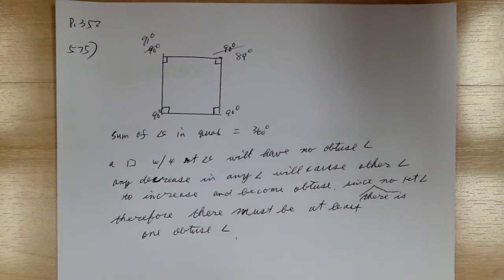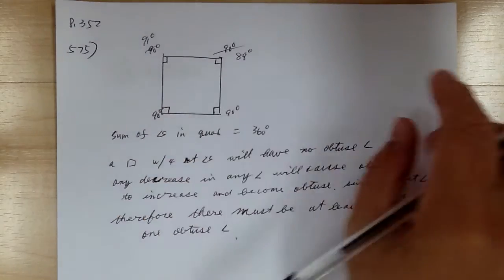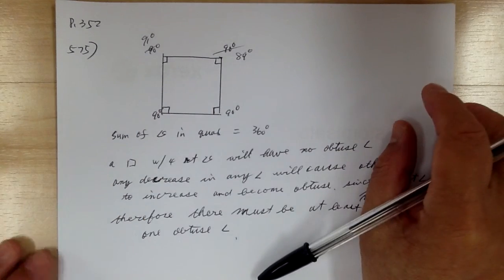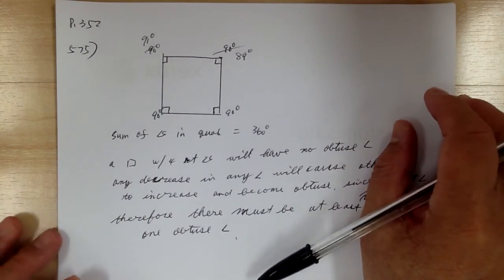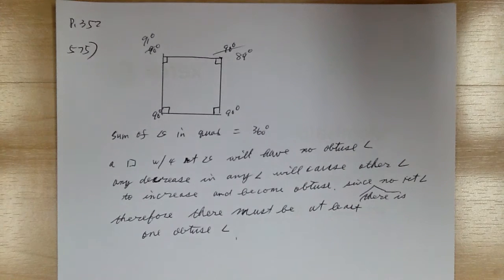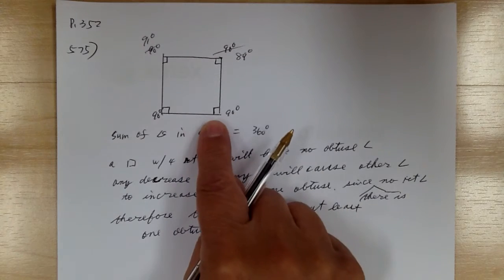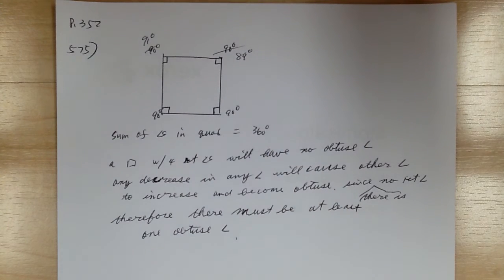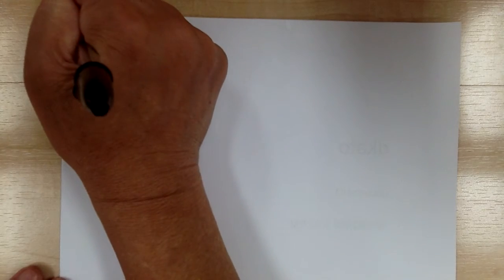So anyway, that's kind of that. Again, if you just start with the example, you can prove it's unavoidable to have an obtuse angle if you're not allowed to have a right angle. Okay, let's go to the next one.